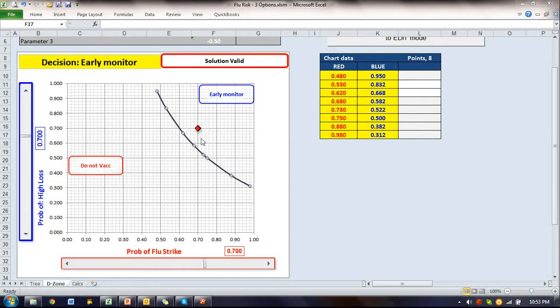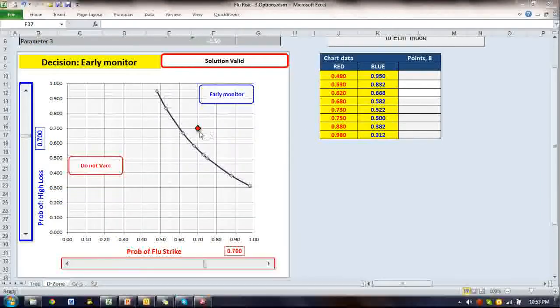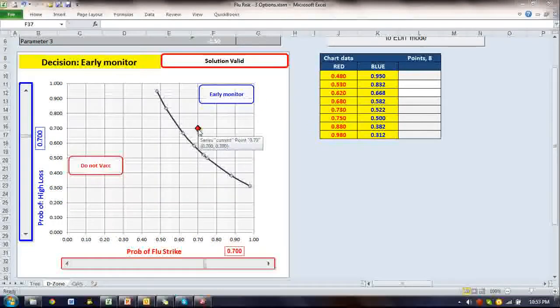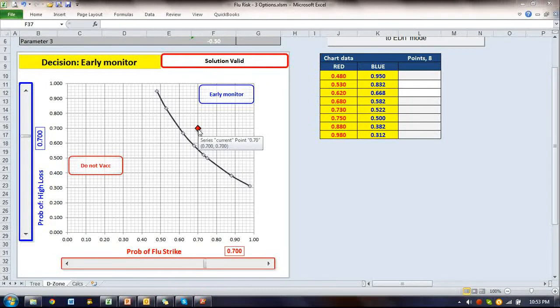And what is important is to notice the distances, vertical and horizontal, where we would see the degree of latitude we have in terms of our assumptions. As you know, these probability assumptions are actually guess estimates.